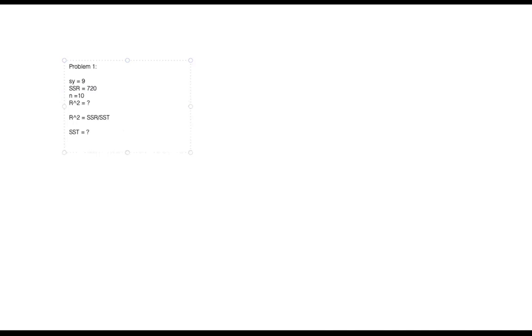So we know that the SST formula is the sum of yi minus y bar squared.